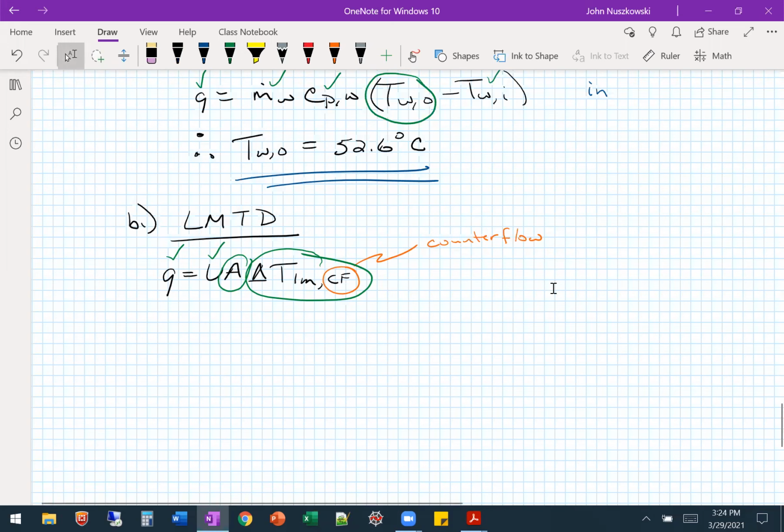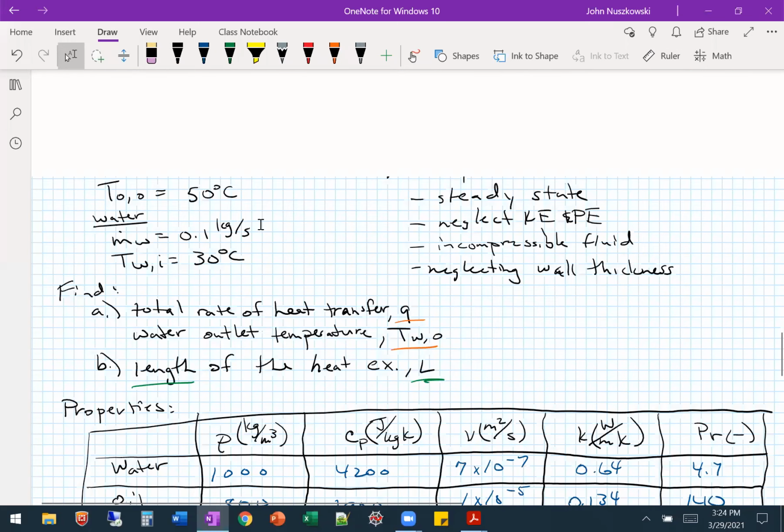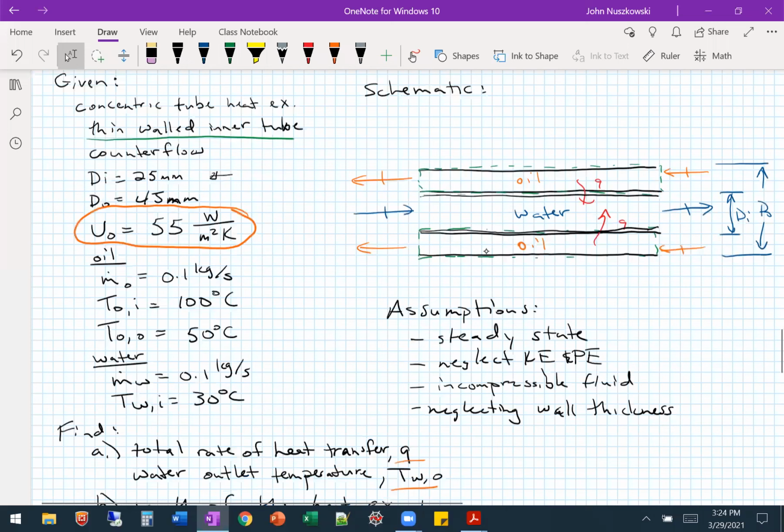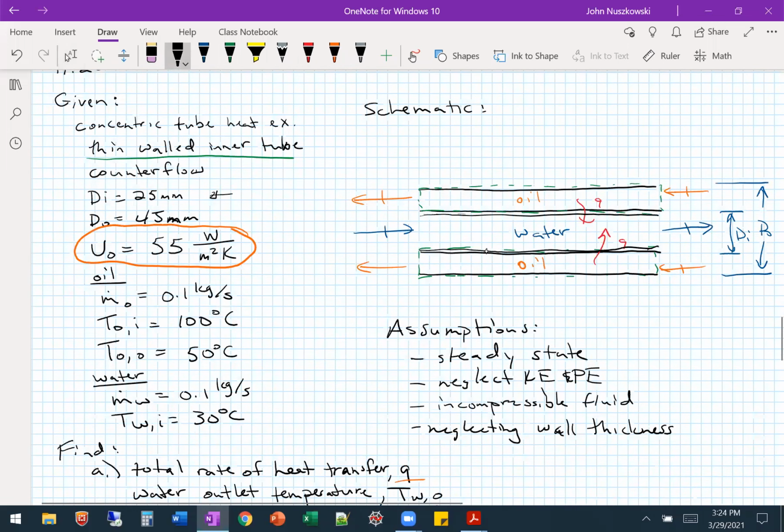Yes, pi D L. It's going to be that inner diameter again, because in this case the inner diameter is just the diameter of the water tube, and the outer diameter is the oil's tube.